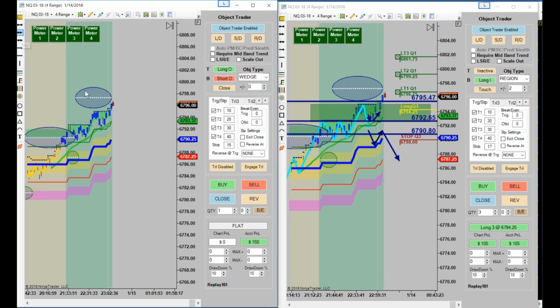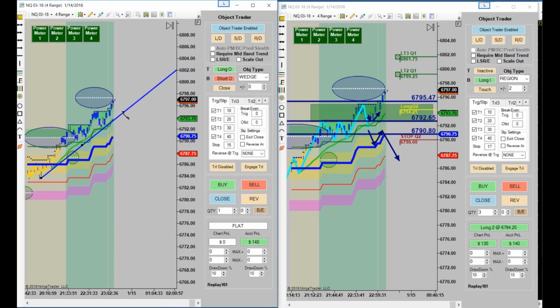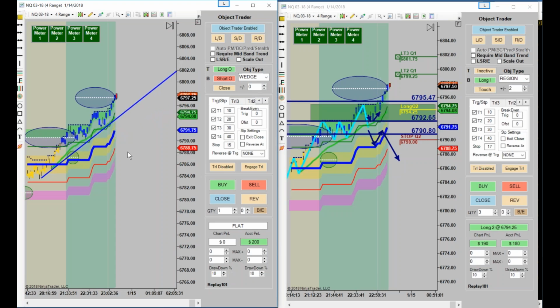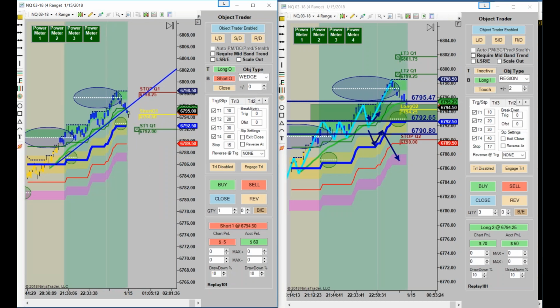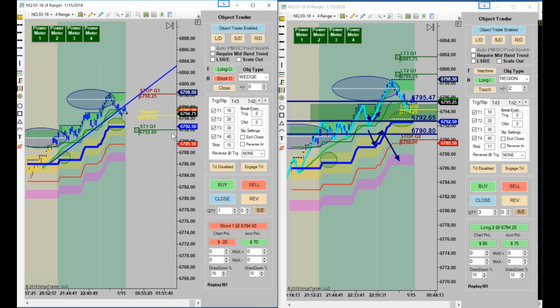We're going to do a wedge. Nice tight wedge. Maybe even be able to get tighter than that. We'll see. I think you can go pretty much like that. There we go. We just got a short underneath the wedge.